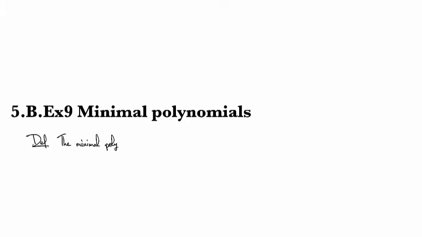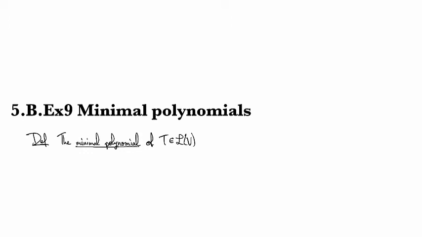And this will come back in some later chapter, like in chapter 8 or something like that. So if you're around for 406, you'll see this. So the minimal polynomial of an operator T on V is the unique monic polynomial.